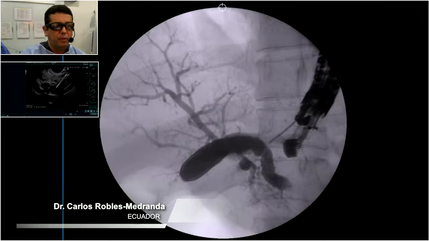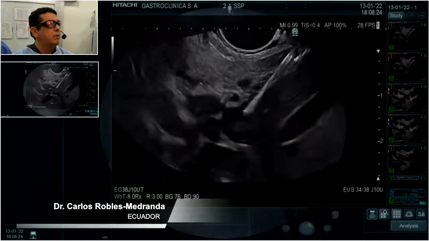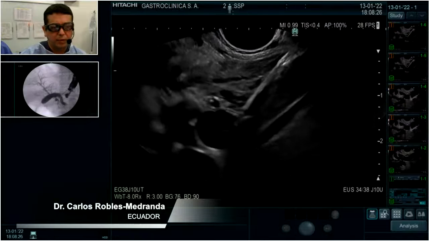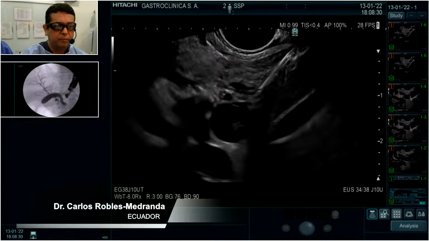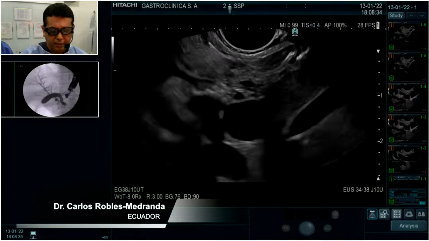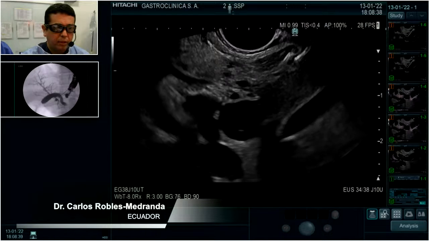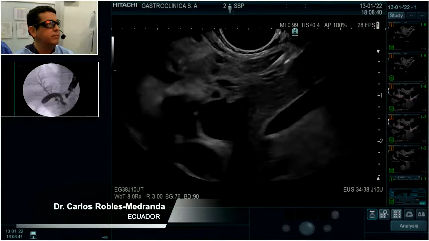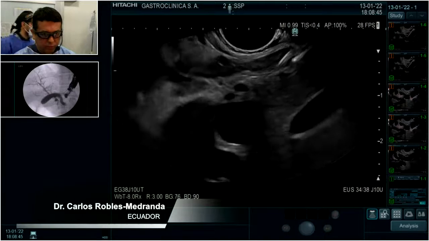Okay, so now I will push my guide wire. Okay, empuja la guía. And I will use... okay, vamos a retirar esto. And I will use an axios to do an anastomosis to the stomach.